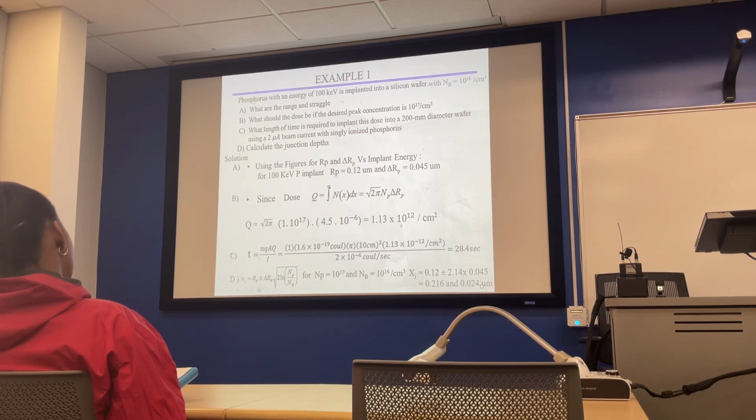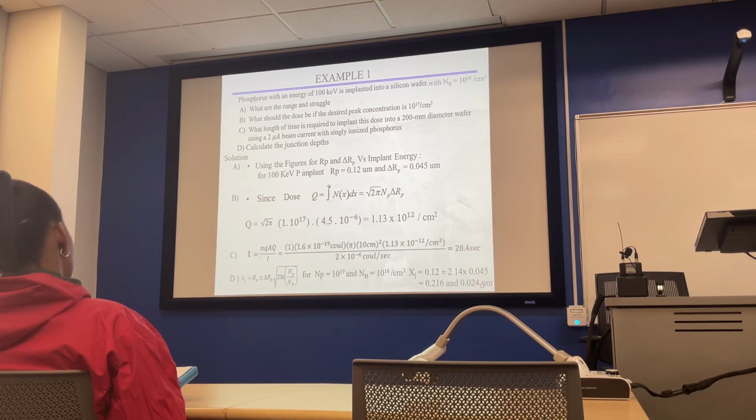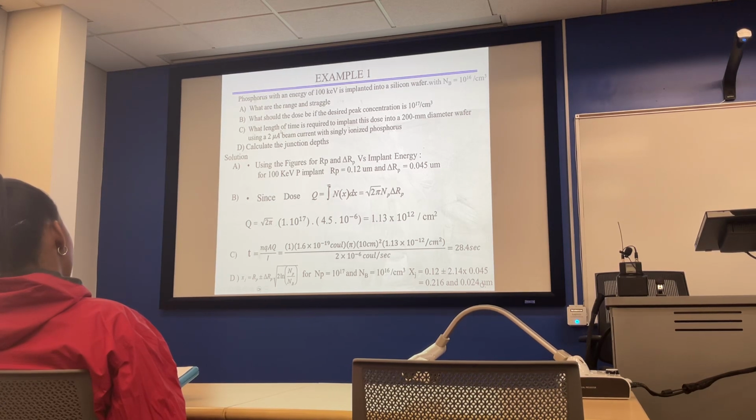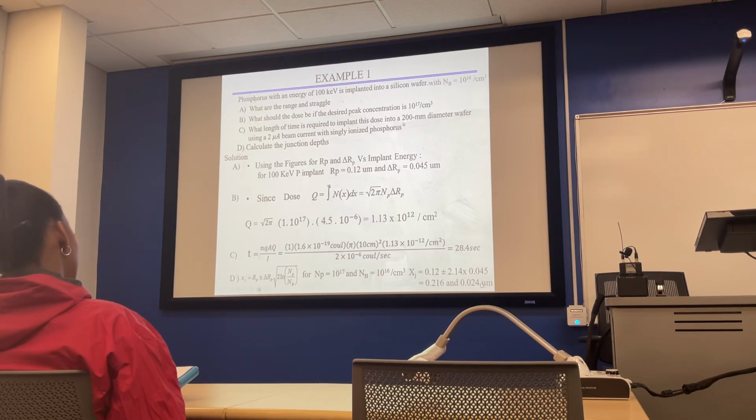So it tells me the dose, right? Okay, so I'm fine up to so far. I've got my RP, I've got delta RP, I got my dose. Okay, the next question is, how long, or what is the length of time required to implant this dose into a 200 millimeter diameter wafer?